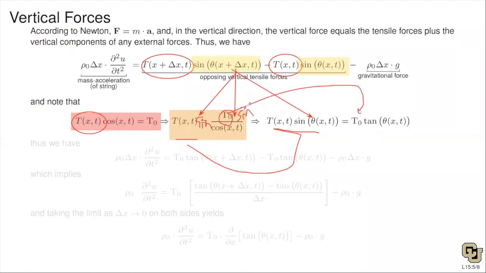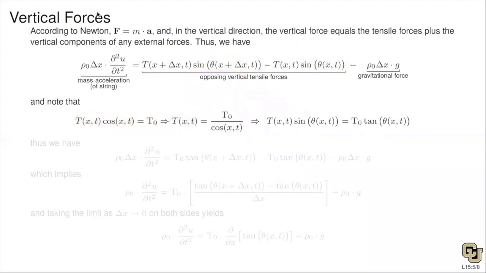Then sine over cosine is tangent. So you all took calculus, right? Calc 1. Remember how we talked about the derivative is the slope of the tangent line? This tangent right here, that's going to turn into a derivative.